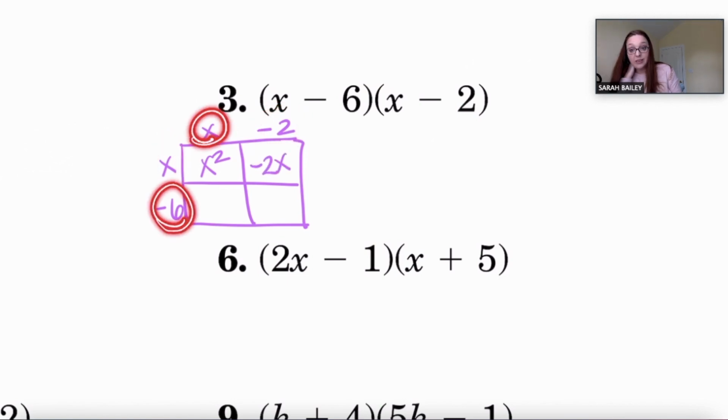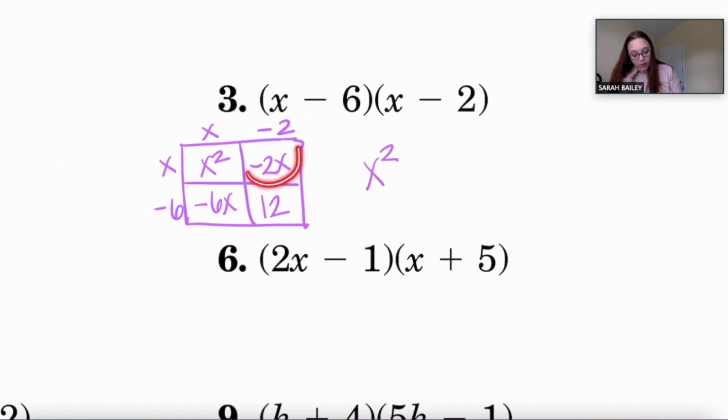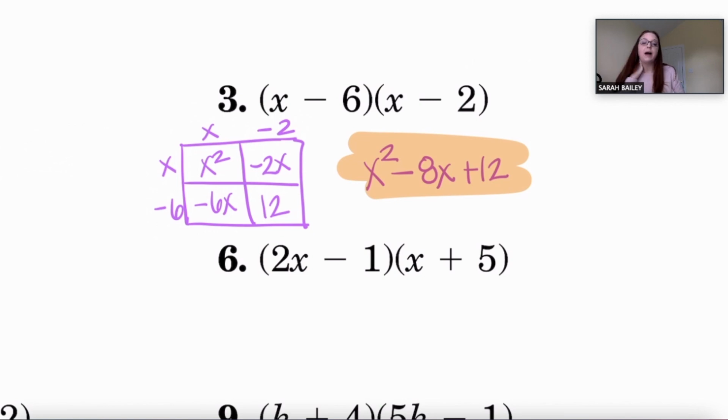Negative 6 times x would be negative 6x. And then negative 6 times negative 2 would be positive 12. Now I have the x squared term, and these two, notice they're always diagonal, are like terms. So negative 6x plus negative 2x is negative 8x, and then 12 is positive, so plus 12. So it will be x squared minus 8x plus 12. Okay?